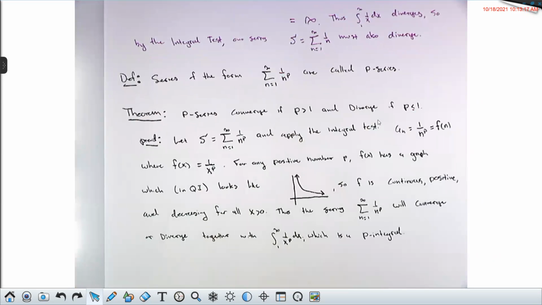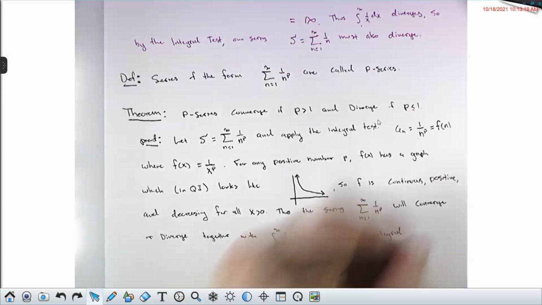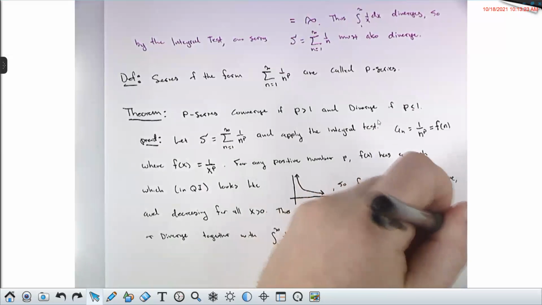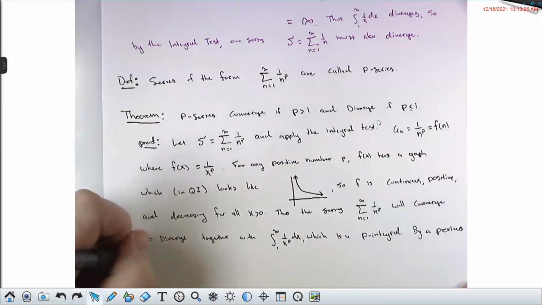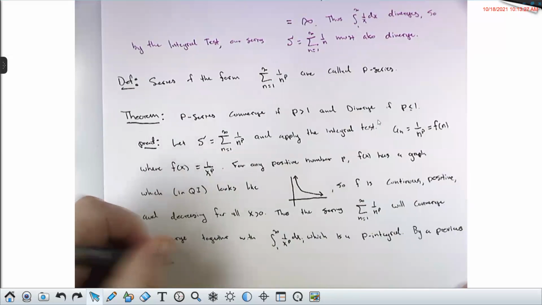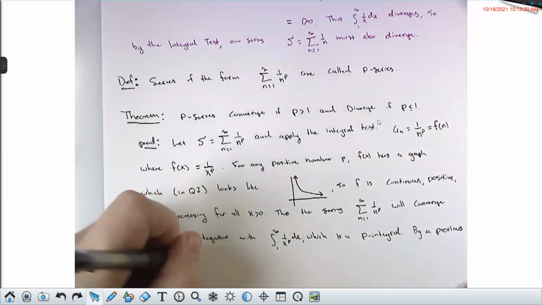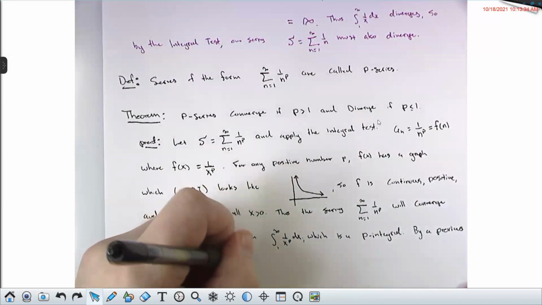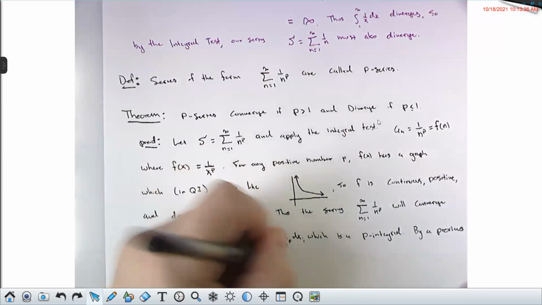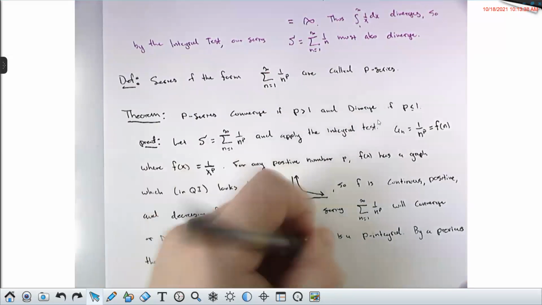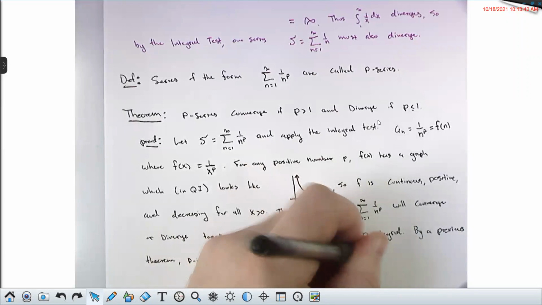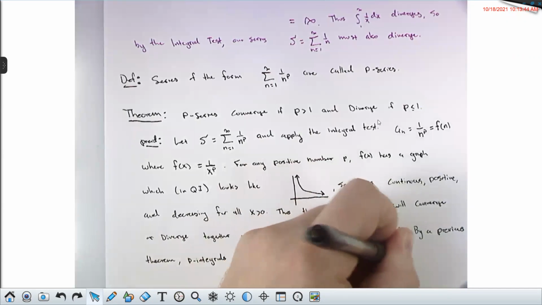I don't even need to do the computation because by a previous theorem, p integrals converge if p is greater than 1 and diverge if p is less than or equal to 1.